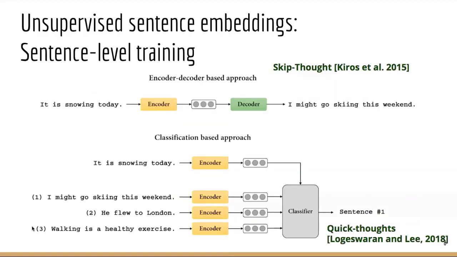So let's move to sentence-level pre-training. Roughly, there are two different approaches, as I mentioned. One is a prediction-based approach, and the other is a classification-based approach. The prediction-based approach is framed as an encoder-decoder architecture, where you have a sentence, "It is snowing today," and the goal is to predict the next sentence, "I might go skiing this weekend."